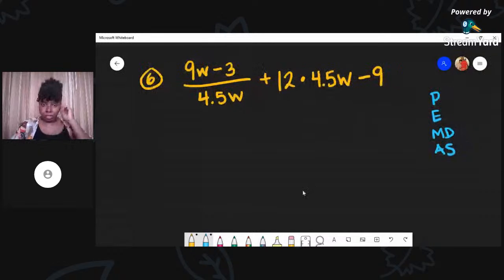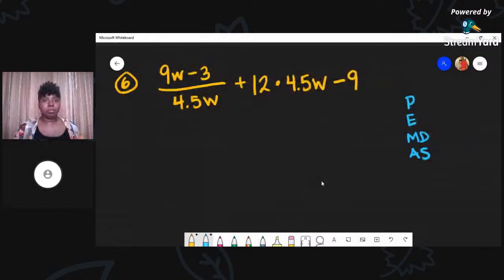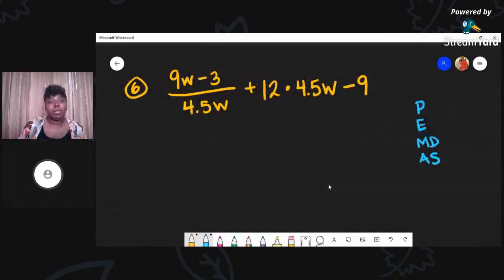What operations do you see? We have division. We don't have parentheses. We don't have exponents, but we do have division. We have multiplication. Good. We have addition. And we have subtraction. Awesome.